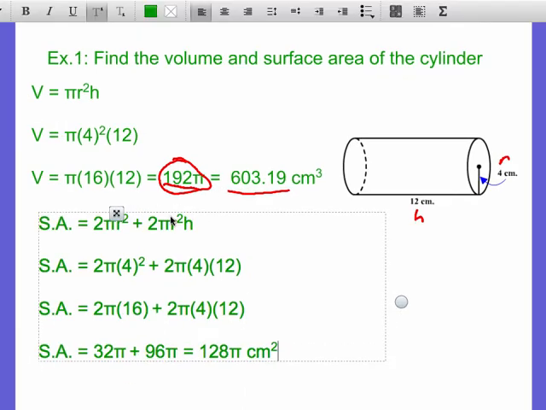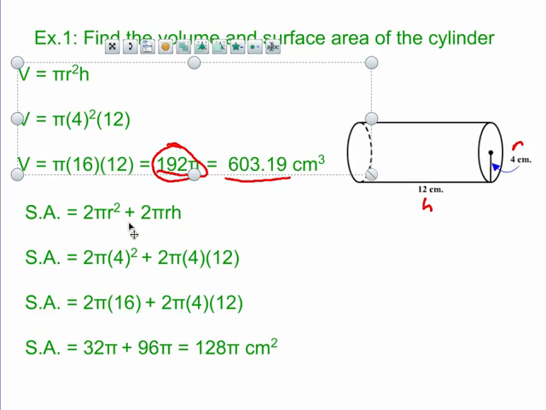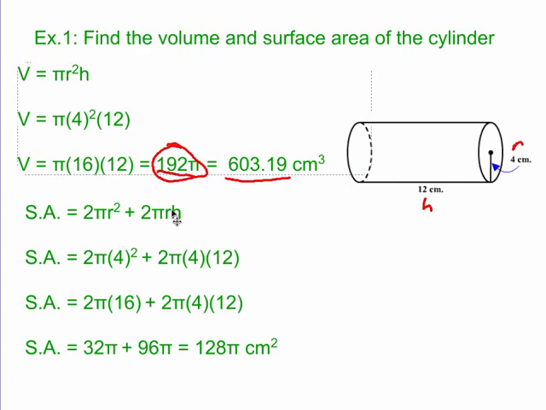Surface area is 2 pi r squared plus 2 pi r h. I made that mistake there; there shouldn't be a squared on the second term. So 4 squared is 16. Now I'm going to do 2 times 16, that's 32 pi. 2 times 4 times 12 is 96 pi. So 32 pi plus 96 pi.